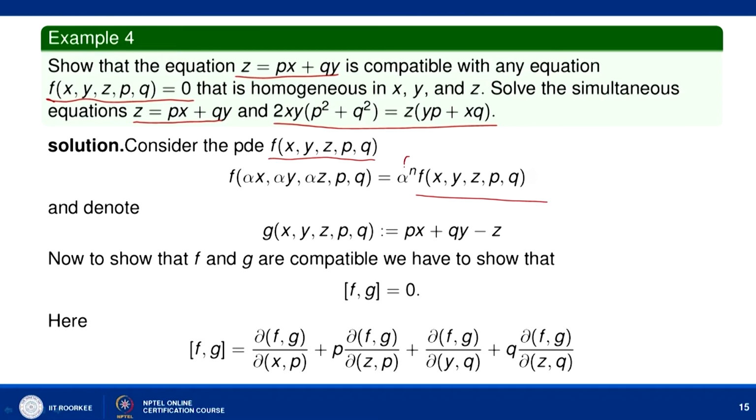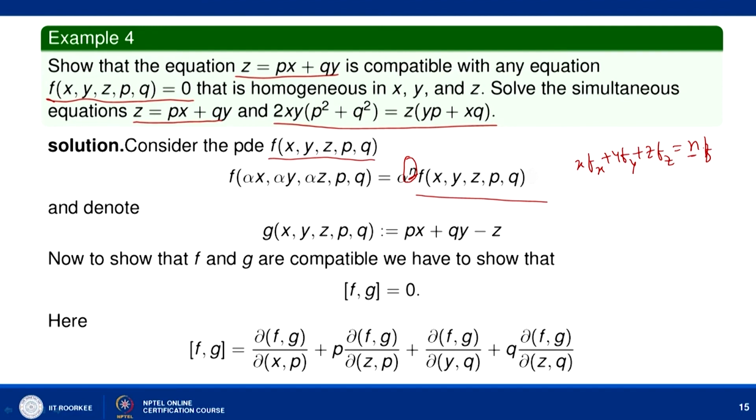In this case we say that f is homogeneous in x, y, z of degree n, where n is the power of alpha. By this we can find the degree, and there is also one very important relation: if f is homogeneous in x, y and z, then x fx plus y fy plus z fz is equal to n times f. Here n is the power of alpha, and we call this the degree of homogeneity.